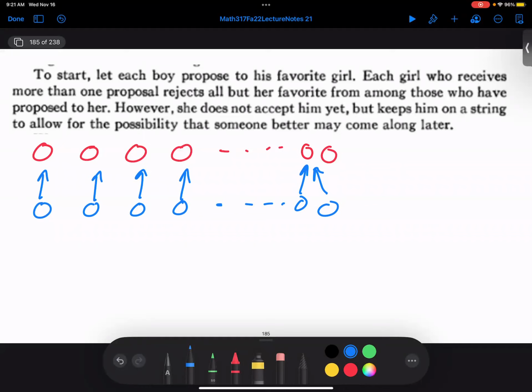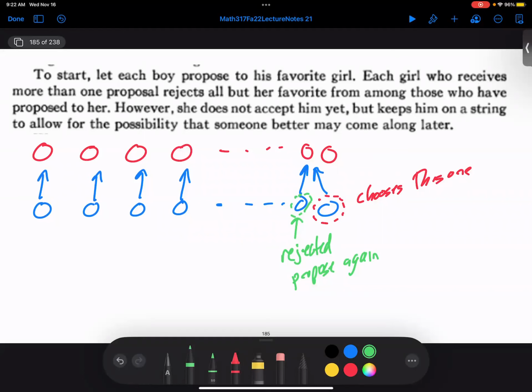Maybe the first n-2 all propose to distinct women, and then the last two propose to the same person. And so there's one woman who has no proposals, one woman who has two, and she chooses her favorite. Maybe she chooses this one, and then over here, this one is rejected. We'll have to propose again. Okay, so that's step one.